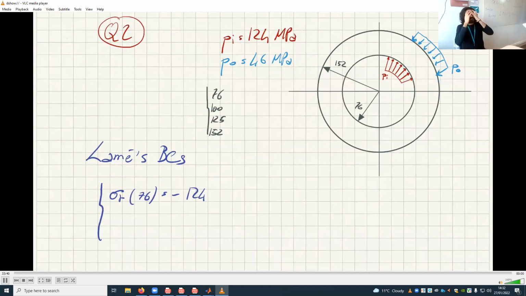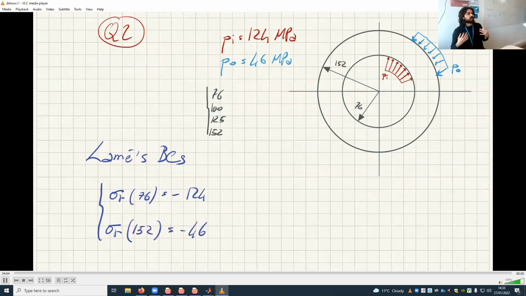What's the other one? Sigma r or theta? Sigma r again, at 152 equals minus 46. Always negative. The pressure is positive, the stress is negative.